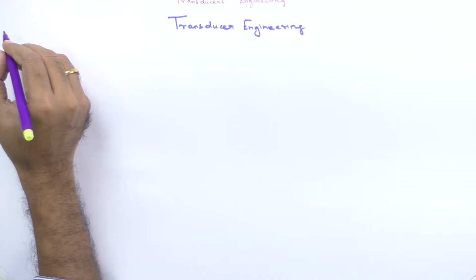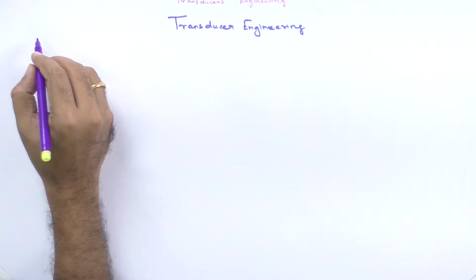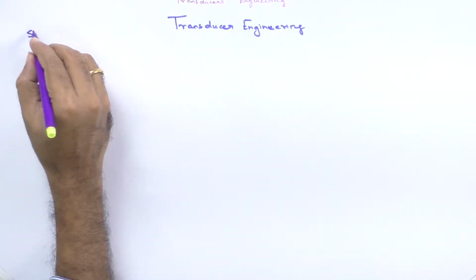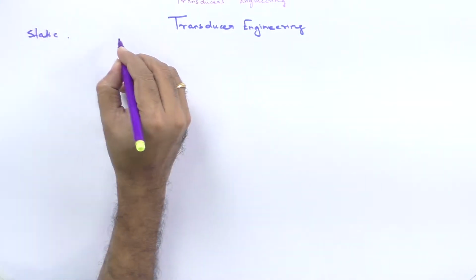Whichever sensor we consider here contributes only to the system, and the system can be overlapped with the sensor in our case of transducers. As we have seen, there are two types of characteristics for any sensor: one is the static and the other is the dynamic.